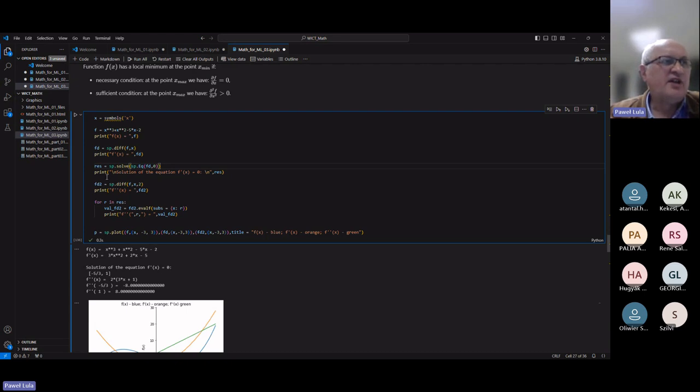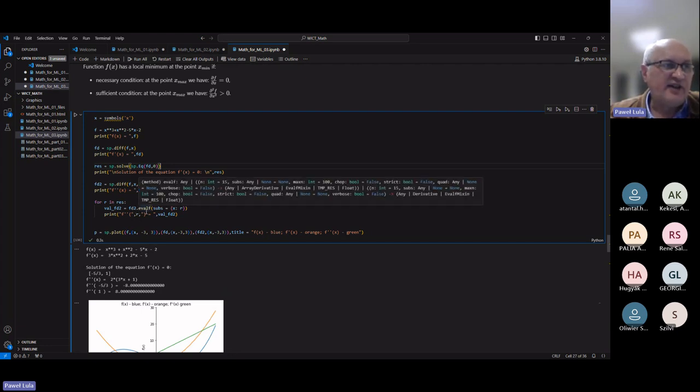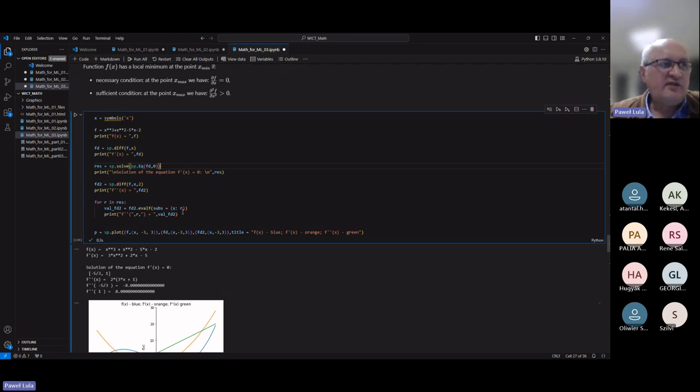It is a list with 2 elements. And now I'm going to calculate the value of the second derivative for x equal to the first and then the second element, which I have in this res list. And these values were displayed here. So for -5 thirds, the value of the second derivative is minus 8.